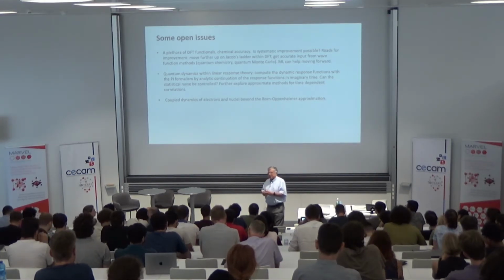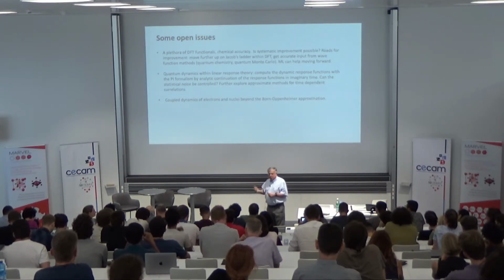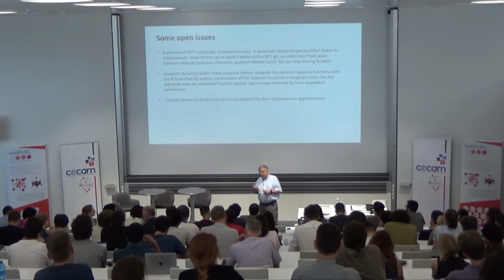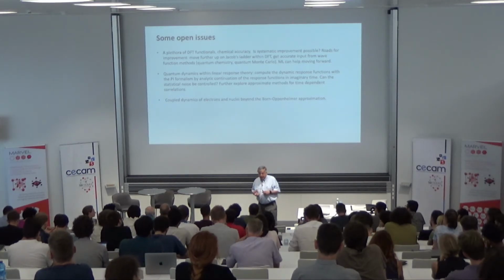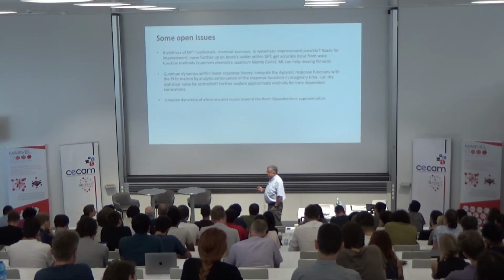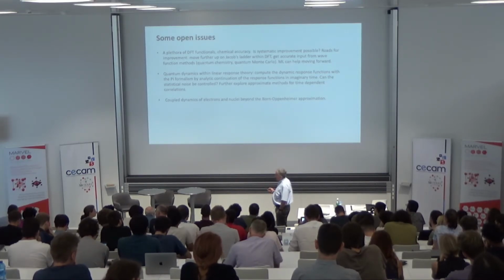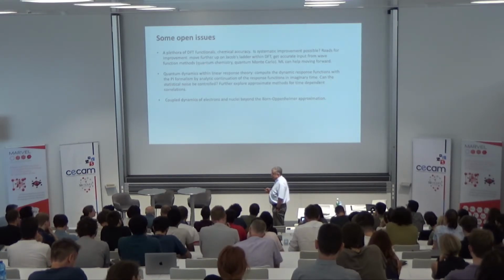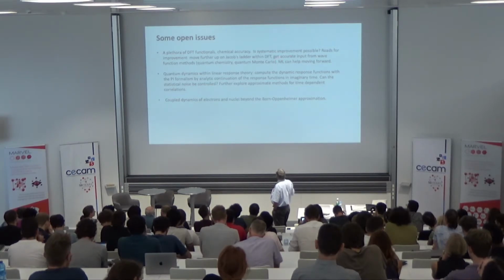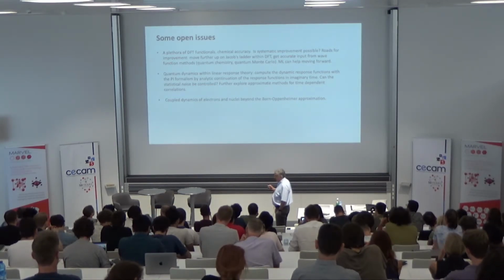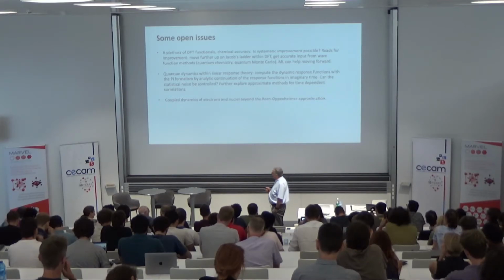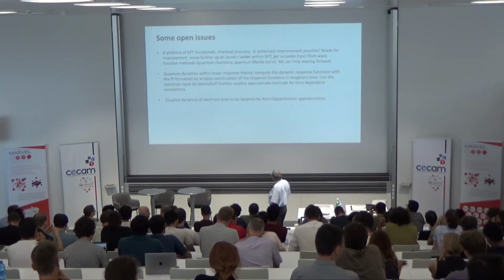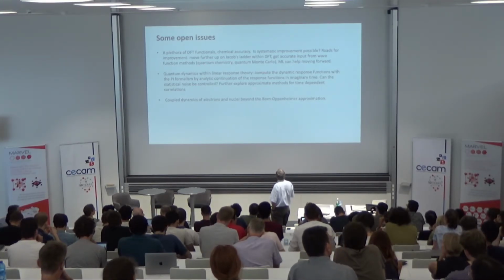Maybe it's going to work, but at some point, if one goes to higher levels in the ladder, the calculations become very expensive, as expensive as good quantum chemistry calculations. So perhaps one could get input from wave function methods rather than density functional approaches, namely quantum chemistry, quantum Monte Carlo.